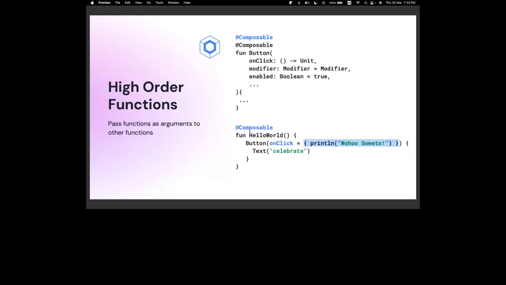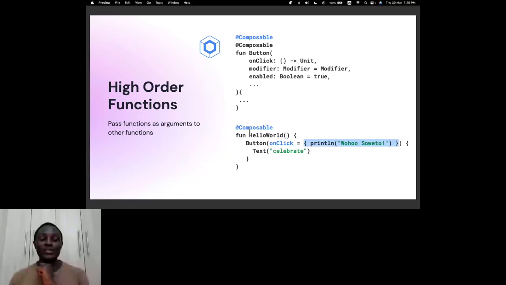So where was I? I was at higher-order functions. So I was just saying, this is one of the most underrated features, because the way Compose utilizes higher-order functions is very easy for someone new to understand and to just start.